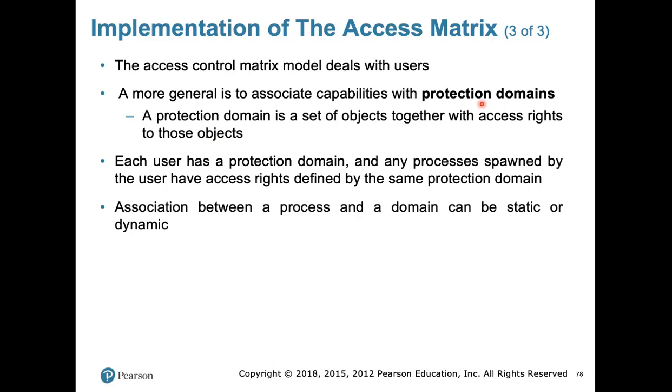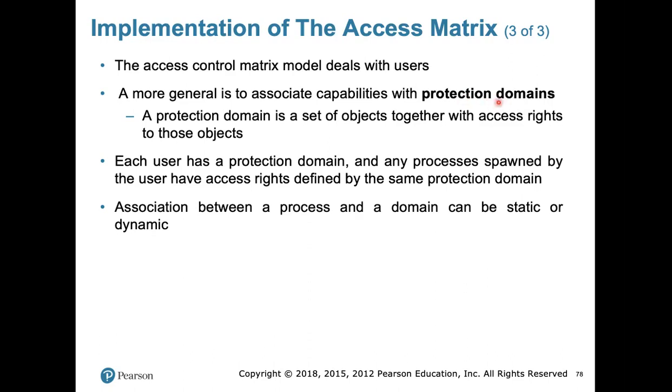When we say user A and user B are assigned to protection domain 1, it by itself means that user A and user B have only access to file 1 and file 2, and that is only reading those files, because that's the access right defined for that protection domain.